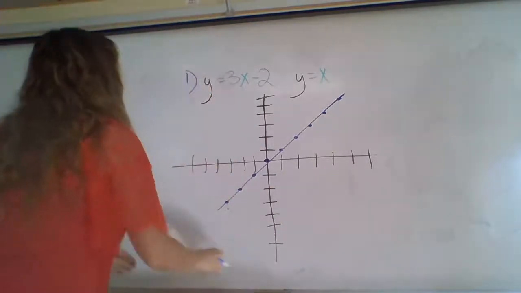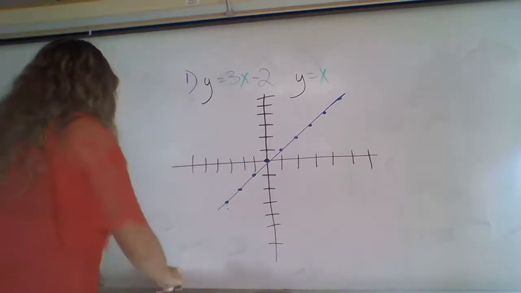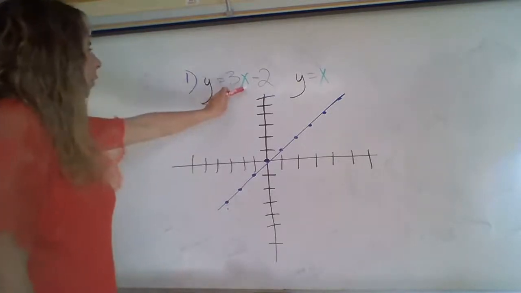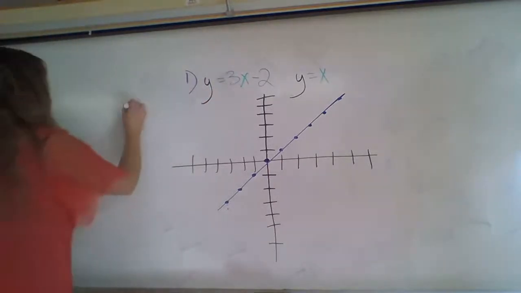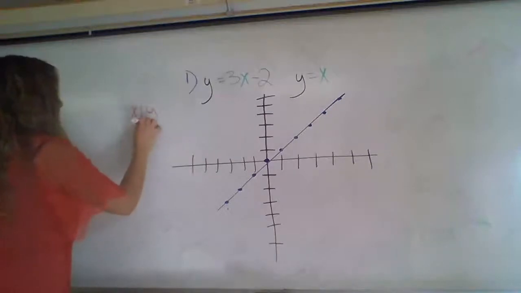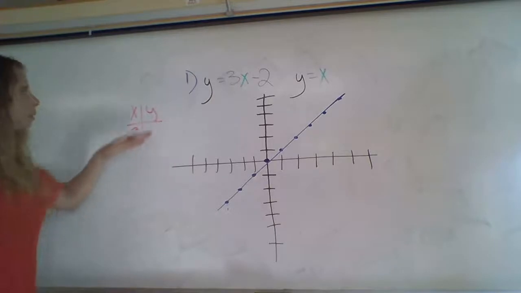Then you have to graph the other line, y equals 3x minus 2. You can graph it by substituting points in for x and solving. So you can always make a table, x, y. If x is 0, substitute 0 in for x.